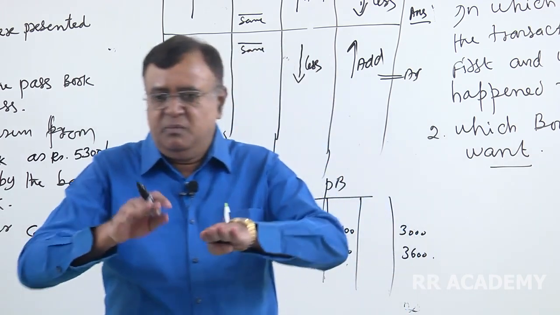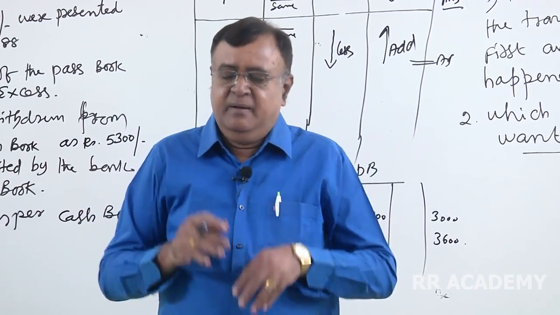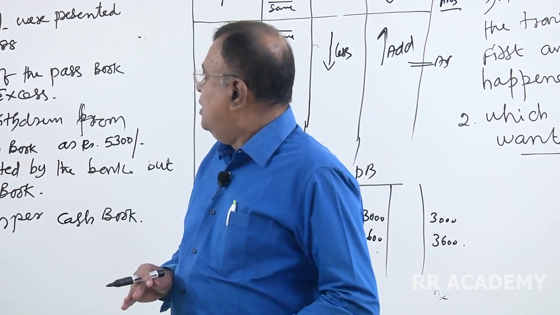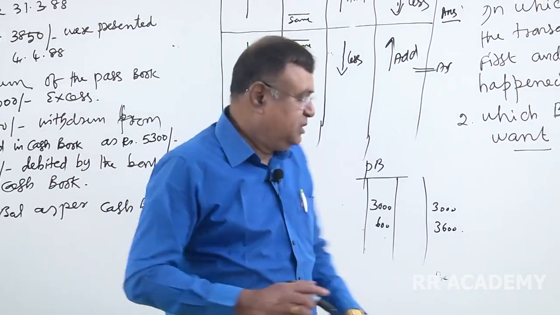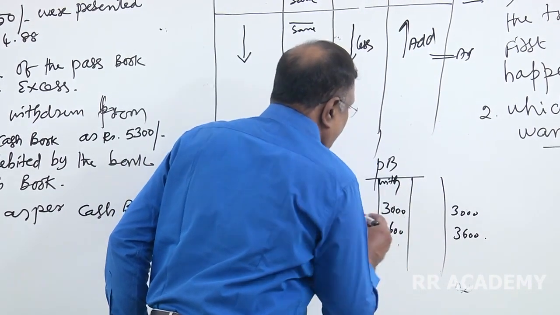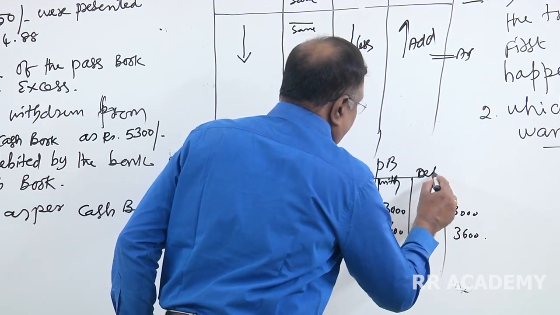Now cashbook, passbook. Fine. Withdrawal column of the passbook. See, this is the withdrawal column. This is the deposit column.